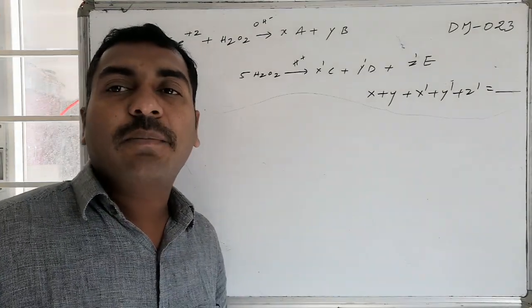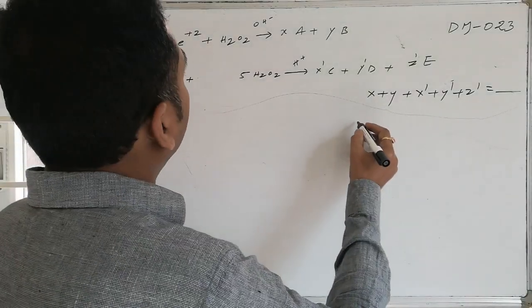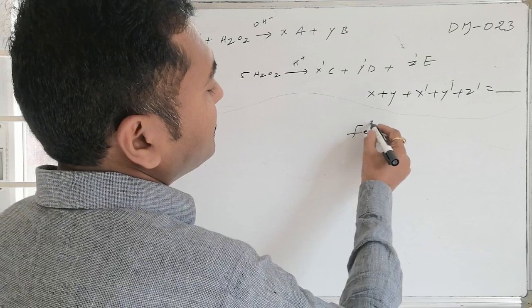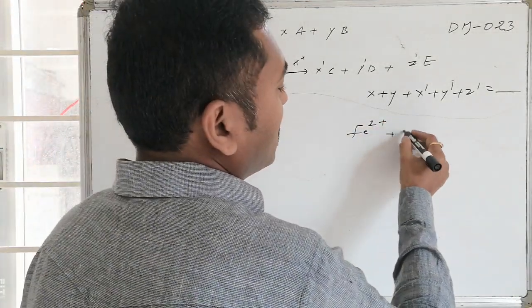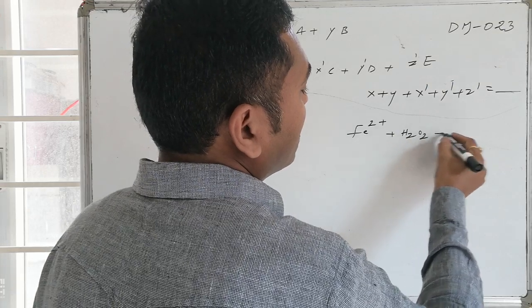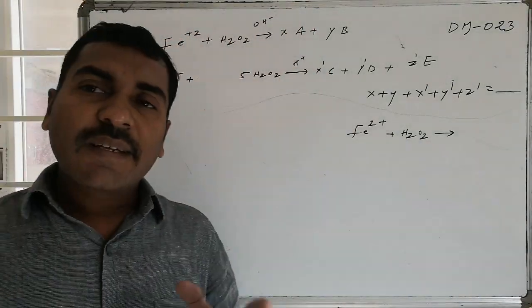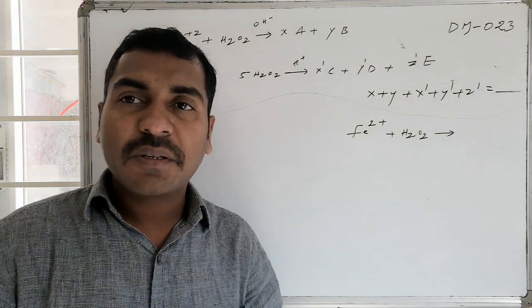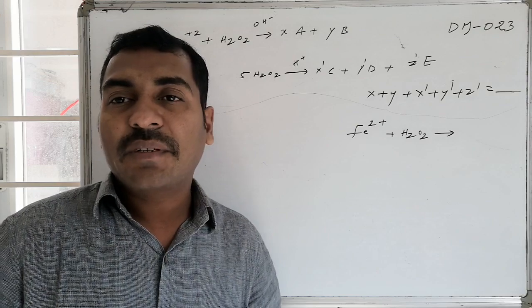Yes, to balance the given equations independently, if I take the first equation, it is Fe2+ allowed to react with hydrogen peroxide, whereas the medium is basic. There is always only one chance for Fe to undergo oxidation, that is Fe2+ is converted to Fe3+.